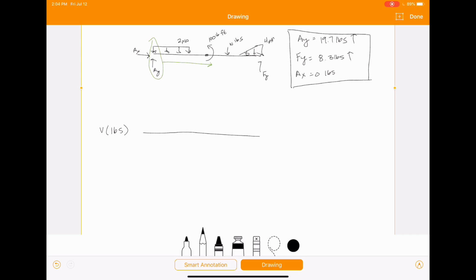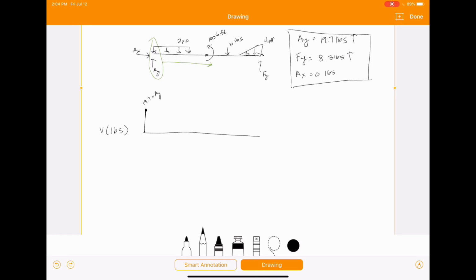So we're going to go ahead and bump our shear diagram up to whatever that reaction is, which is 19.7. Again, that's our Ay value, and that's where our shear diagram is going to start. As we move right on the beam, we run into this uniform load right there.